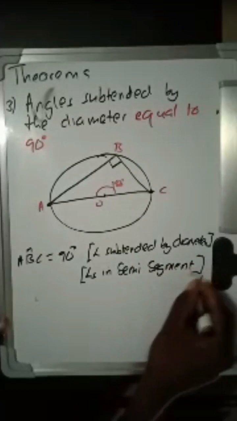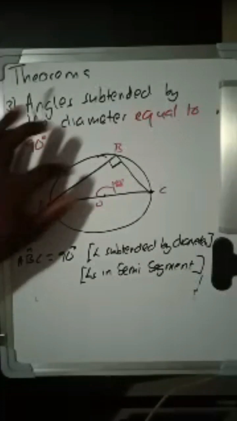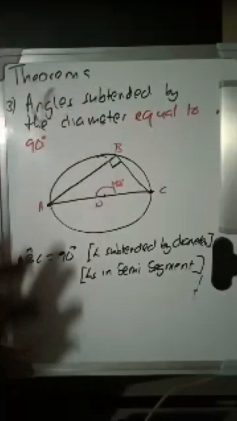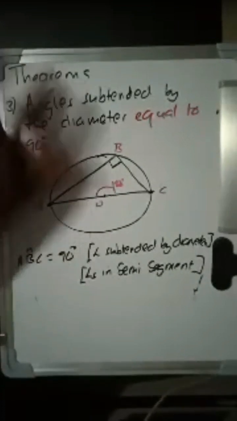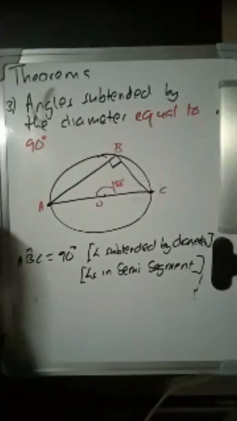Many people confuse same segment and semi segment. Semi segment means half circle. So the angles that are in a half circle are 90 degrees. Those are the angles subtended by the diameter. Okay, so we move on to the next one.